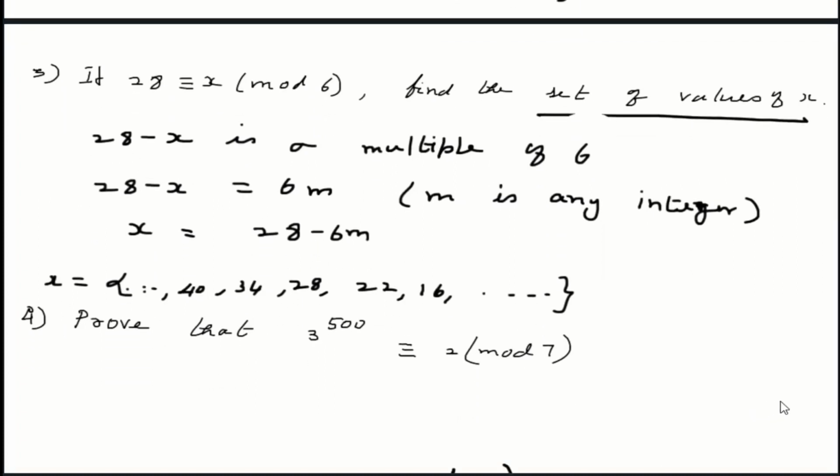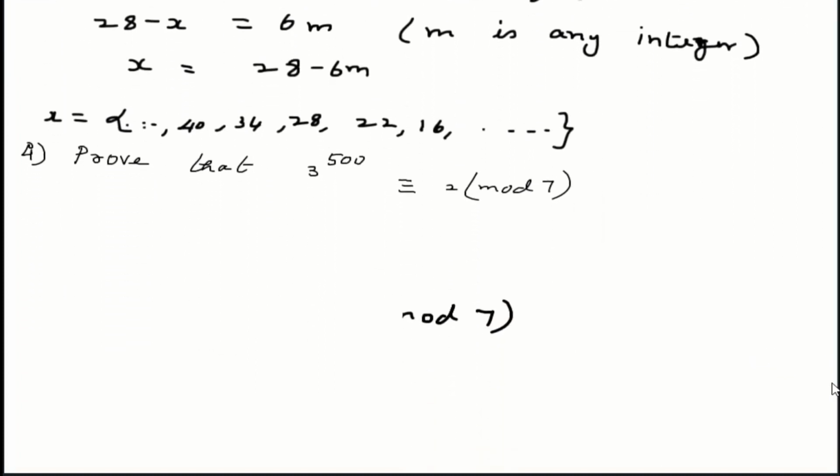Now we'll move on to the next sum. Prove that 3 power 500 is congruent to 2 mod 7. So we know that 3 square equal to 9 is congruent to 2 mod 7. It's not necessary that you should stop with this 2, because in the question it is asked for 2.